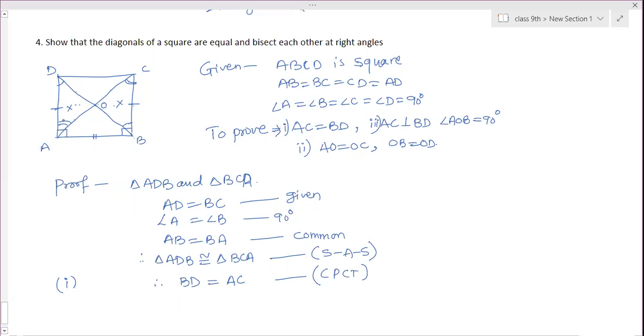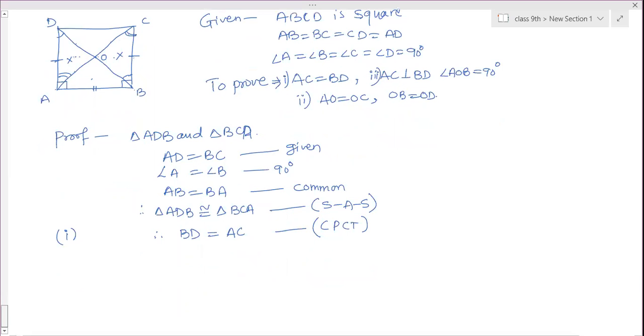Clear? That is the second part. And by proving adjacent triangle congruency, we can prove AOB 90 degrees. That is what we have done in the rhombus part, linear pair property.